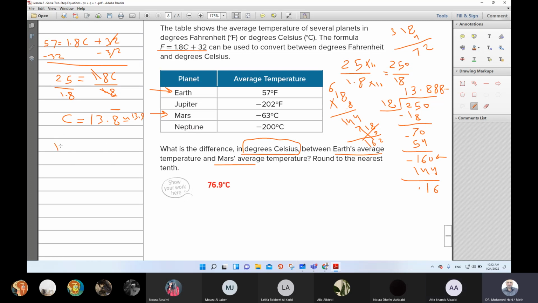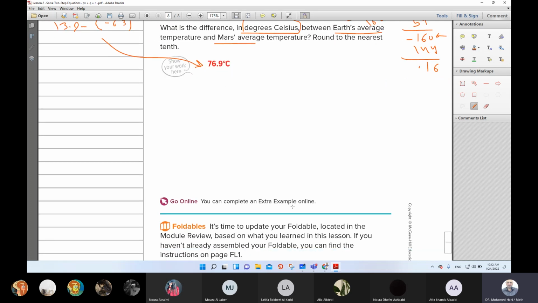So we can write 13.9 minus the value here, minus 63. The answer will be about 76.9 degrees Celsius. So this is our lesson today.